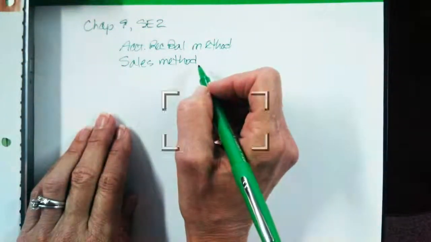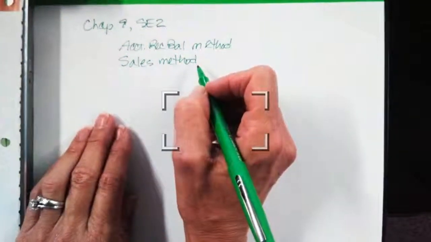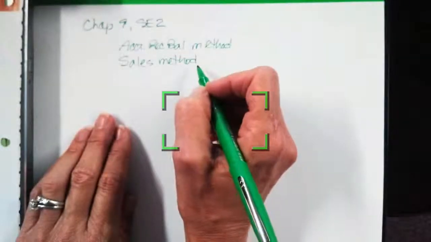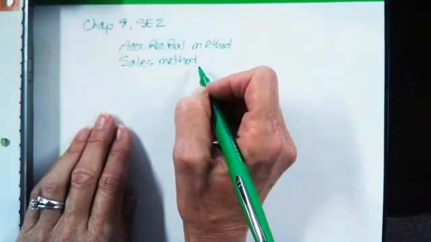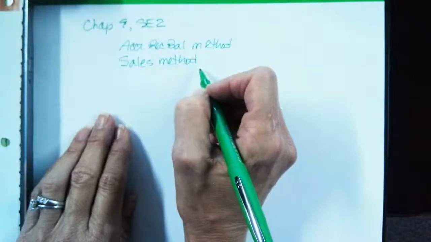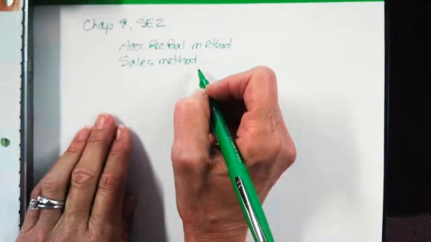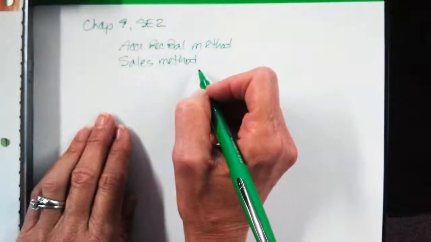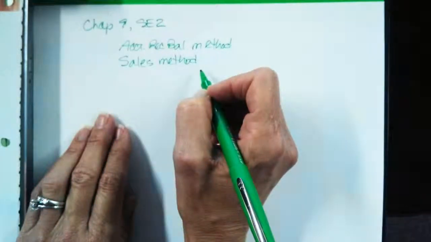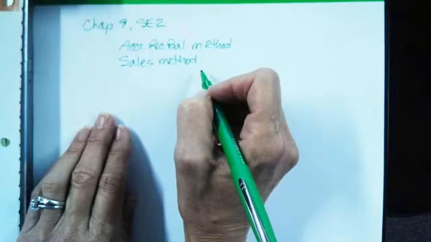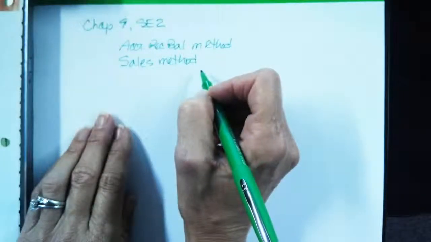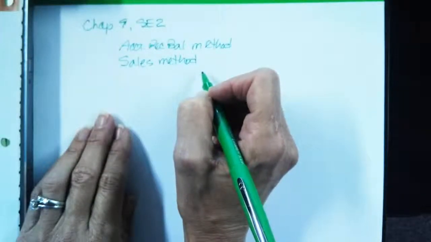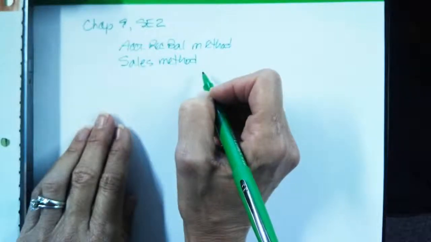Maybe I know that 1% across time, on average, 1% of my sales have ended up not paying me. Well, in advance of even knowing who they are, we go ahead and set up a reserve for that. So in other words, we are going to debit bad debt expense and credit the allowance for uncollectible accounts.